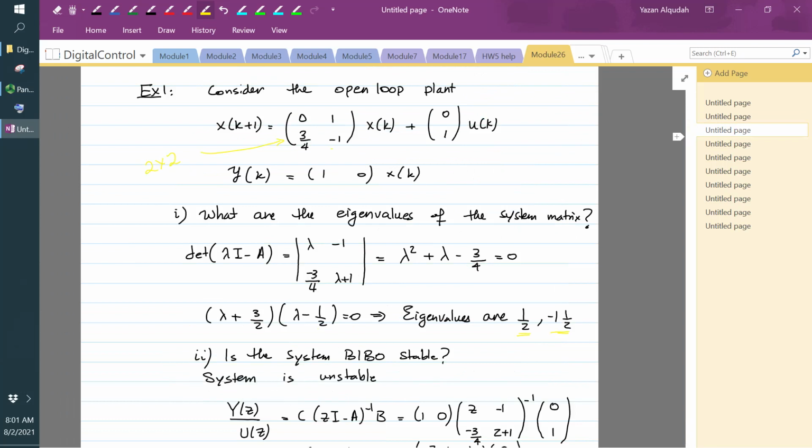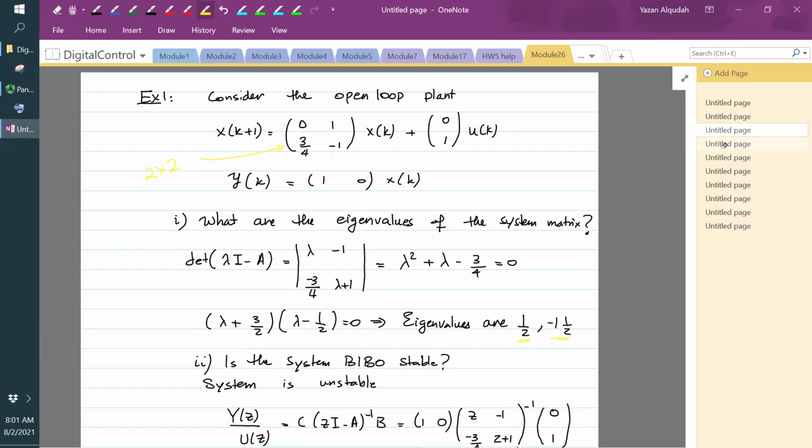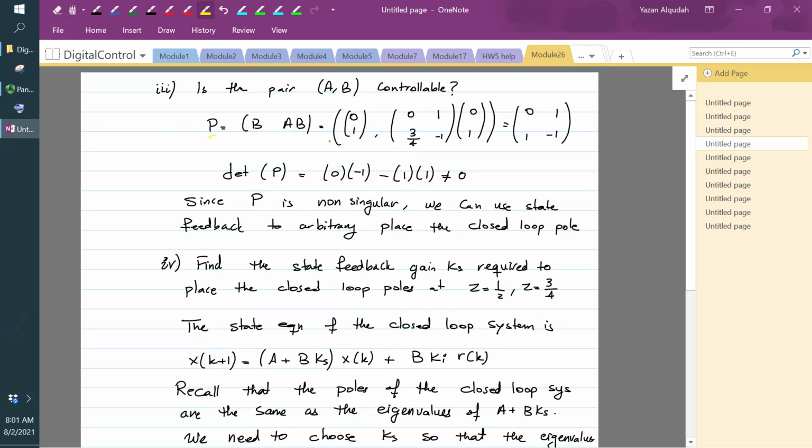So in this case, we have A that is 2 by 2, therefore P is going to equal B, A multiplied by B. So B is [0; 1], and for A multiplied by B, we take the matrix A and multiply it by the B matrix. If we do this multiplication, we're going to get the matrix P that is equal to [0, 1; 1, -1].